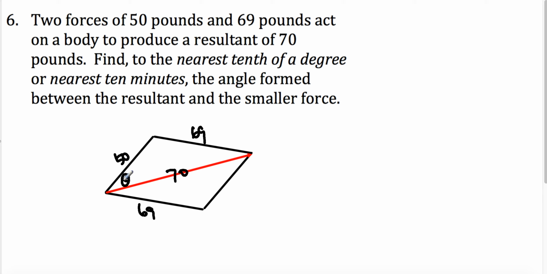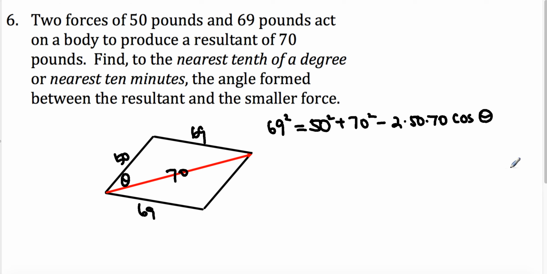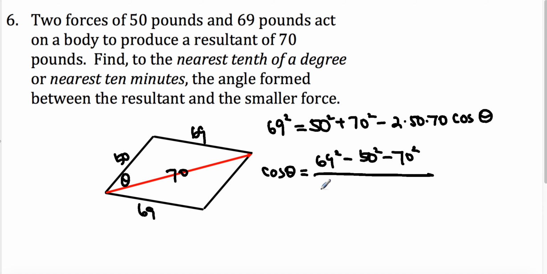Then the side opposite the angle, which is 69, is equal to, by using the law of cosines, 50 squared plus 70 squared minus 2 times 50 times 70 times cosine of theta. Then here you can see that cosine of theta is equal to 69 squared minus 50 squared minus 70 squared all over negative 2 times 50 times 70.